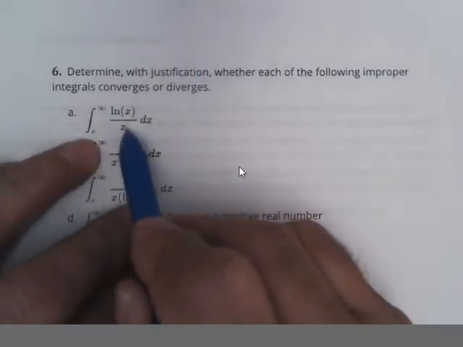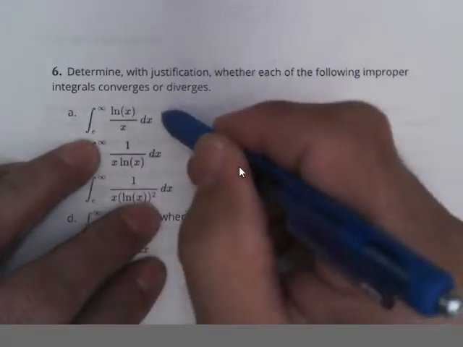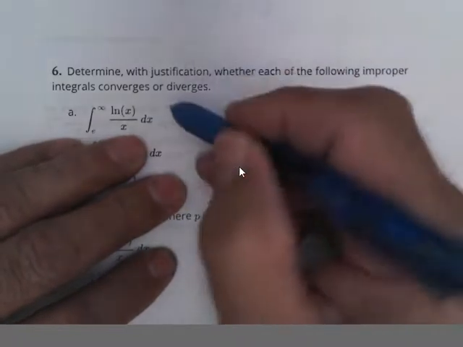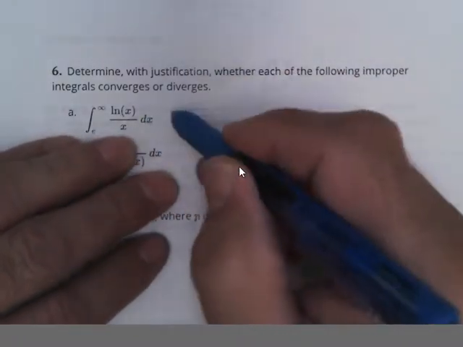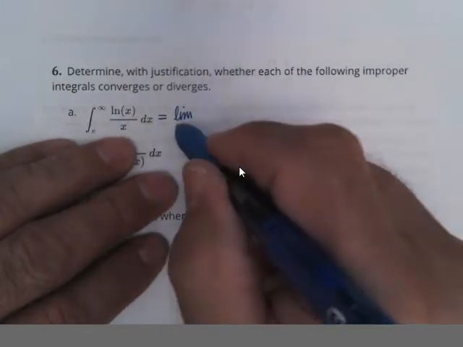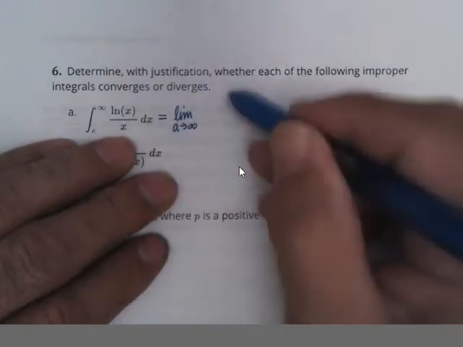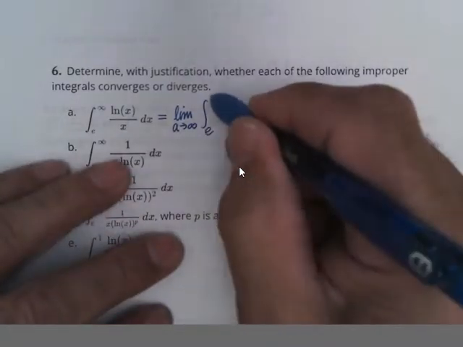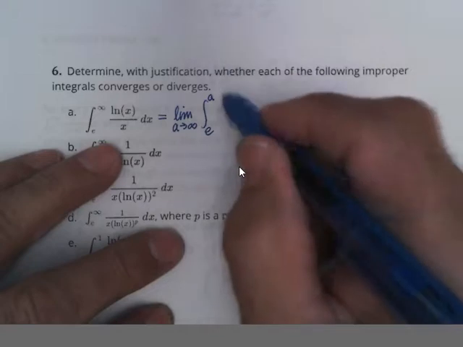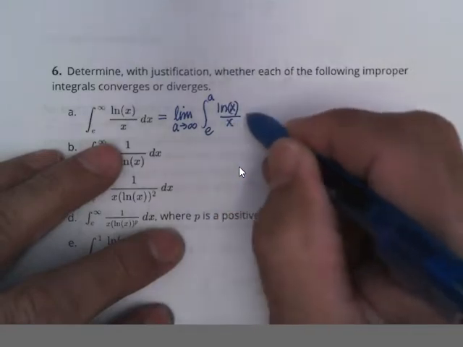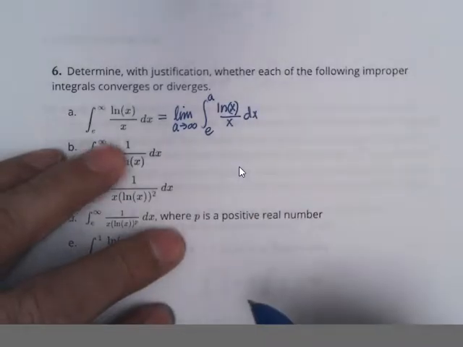Okay, 6. Looks like the problem is not e, the problem is infinity. And so, what do we do? So, we'd have the limit as a approaches infinity of the antiderivative, or whatever, from e to a of ln x over x dx.